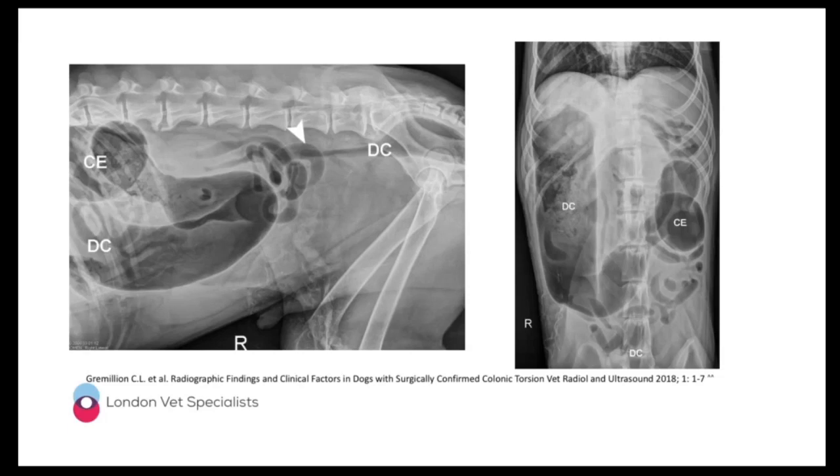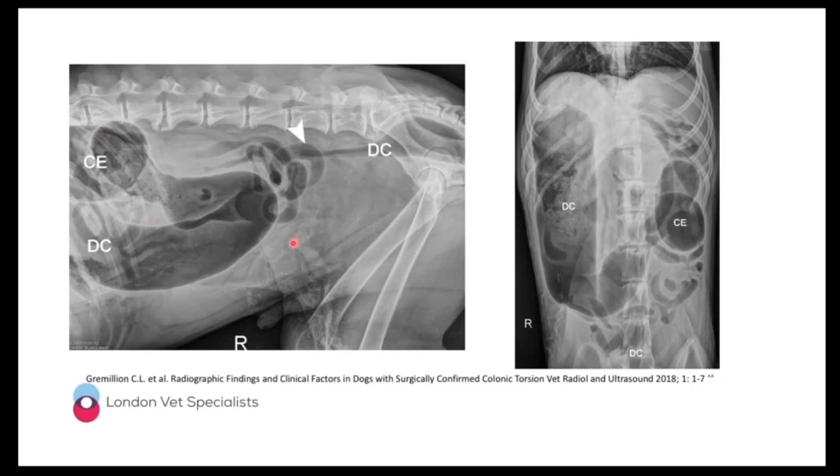So the descending colon and cecum have swapped positions, so immediately we should be thinking that this patient has a colonic torsion. And then looking at the lateral view, we can see that there's quite abrupt narrowing of the descending colon, and we've got associated segmental dilatation of the descending colon and the cecum as well.